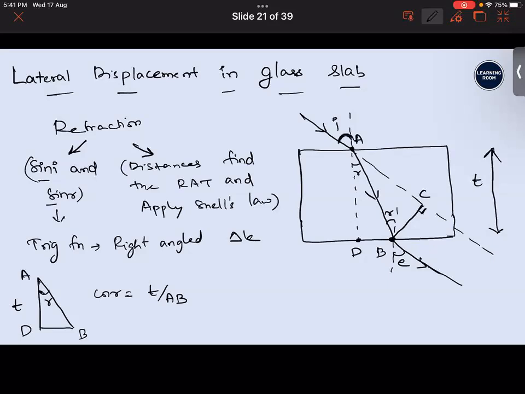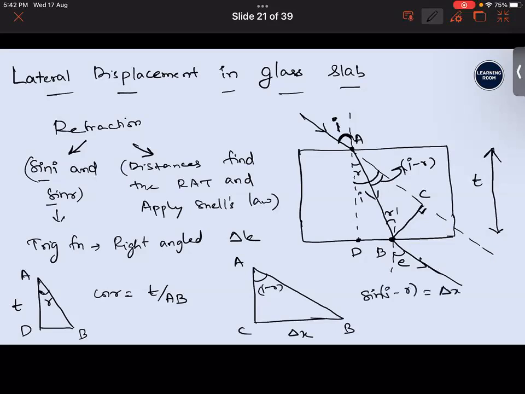If this angle is I, then this angle will also be I, then this will be I minus R. So when you take the other right angle triangle, which is ACB, angle A is I minus R and angle CB is delta X. So if you observe, when you write sine of I minus R, you can write it as delta X divided by AB. Let this be 1 and let this be equation number 2.